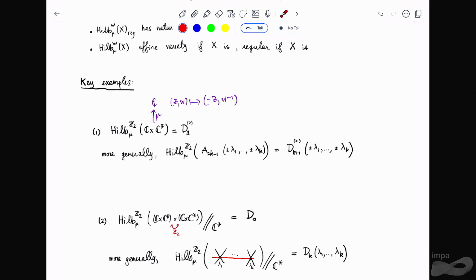And more generally, if you start with a Z2 invariant A_{2k-1} surface, then you get this special subfamily of D_{k+1} surfaces.